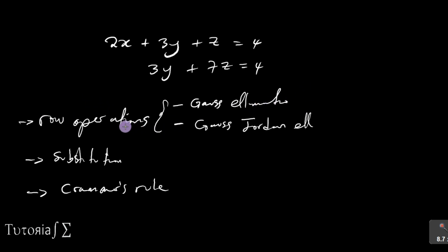So under row operations, I am assuming that you know how to use row operations to simplify a matrix to echelon and reduced echelon.